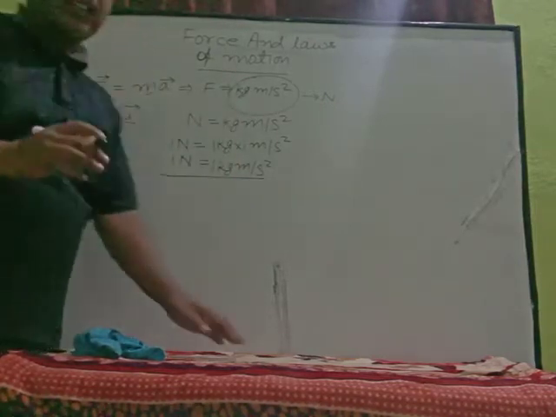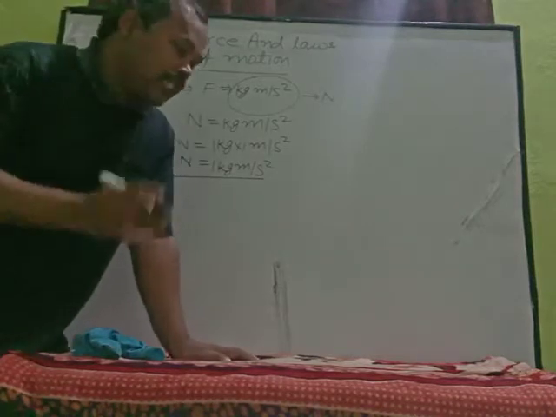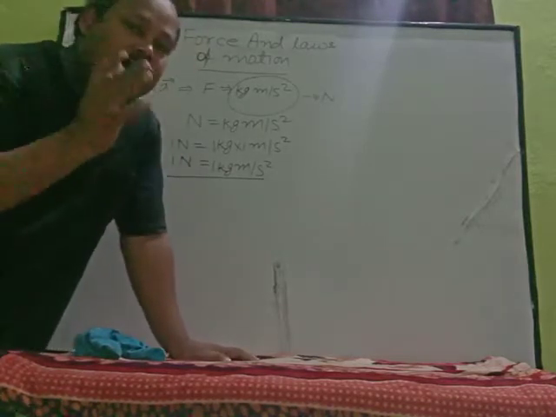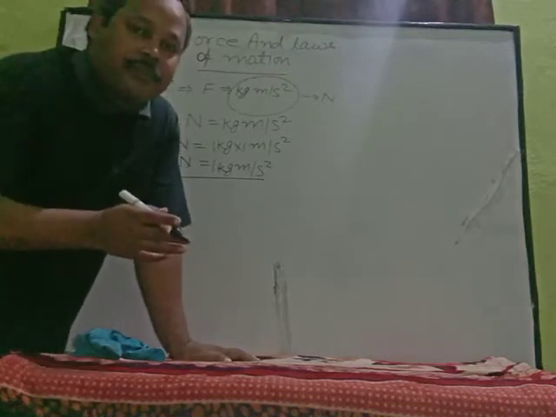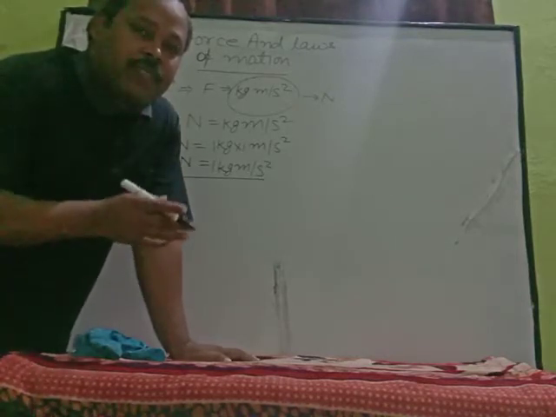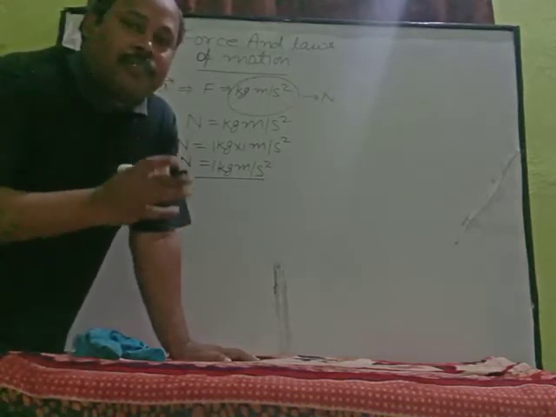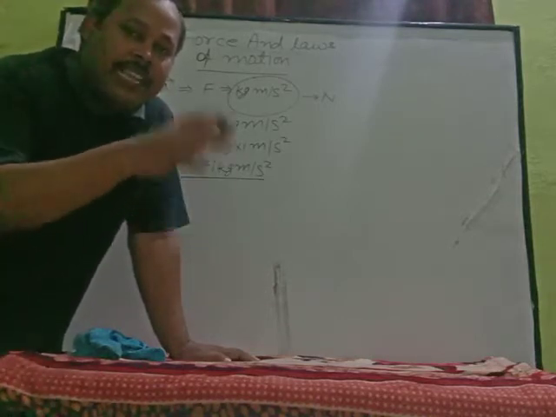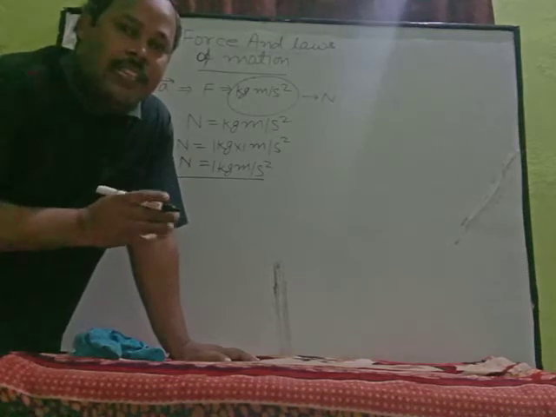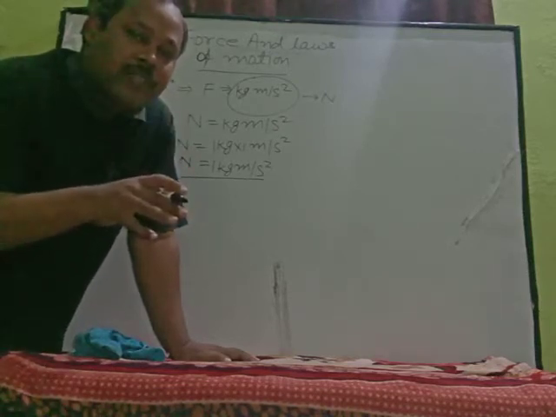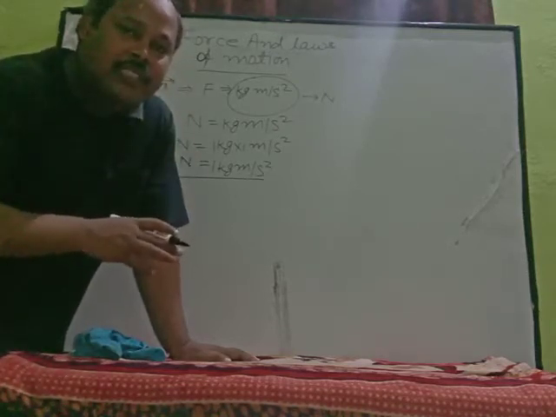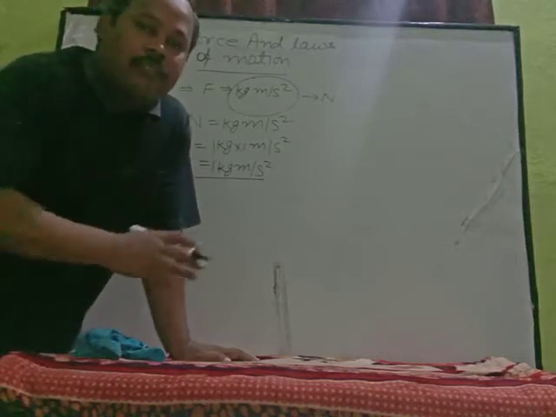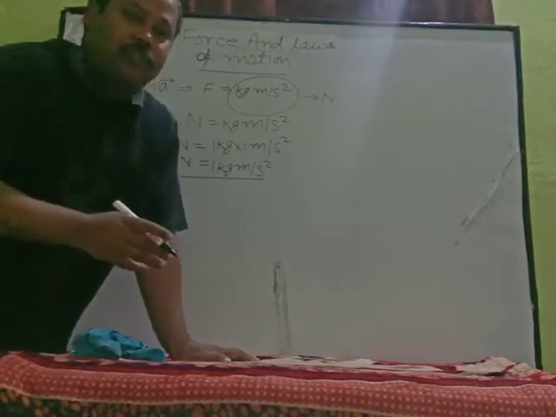If a force applied on a body whose mass is 1 kilogram accelerates it at a rate of 1 meter per second square, that much amount of force is called 1 Newton force.